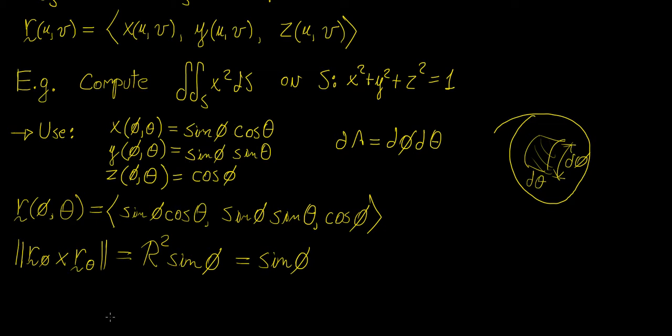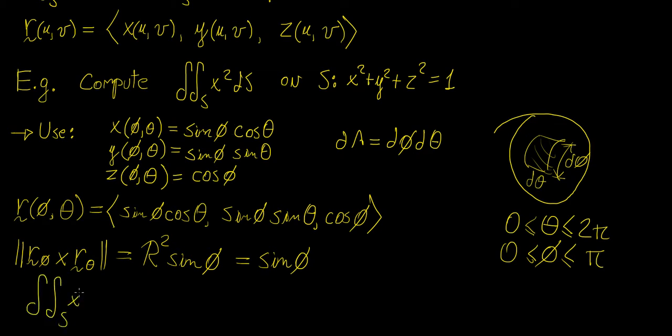Now the last thing we need is to know what are the limits on theta and phi. Since we're taking the entire spherical surface, they're just going to correspond to the full rotations here, so theta goes from 0 to 2 pi, and then we have phi going from 0 to pi. So now we can write the surface integral of x squared dS as follows.